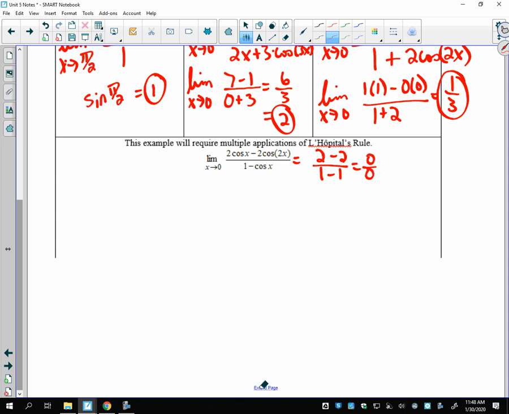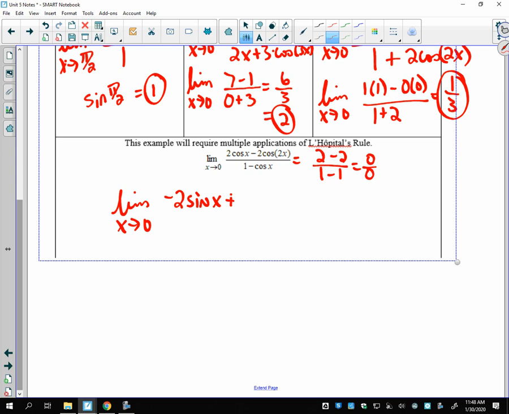So then I can say the limit as x approaches 0 of negative 2 times the sine of x plus, because the derivative of cosine is sine of 2x, but then when I multiply the 2 in the front, that becomes plus 4. And then the derivative of the bottom is just sine of x.